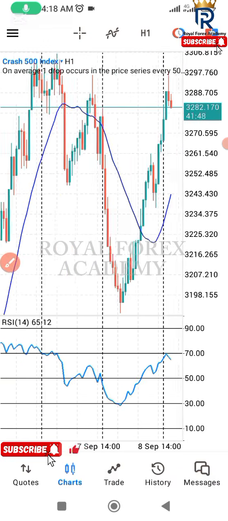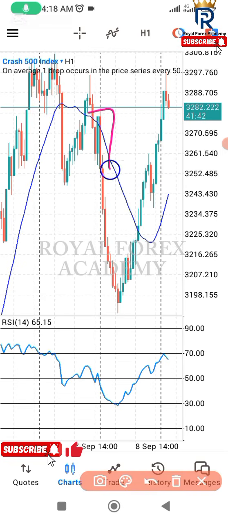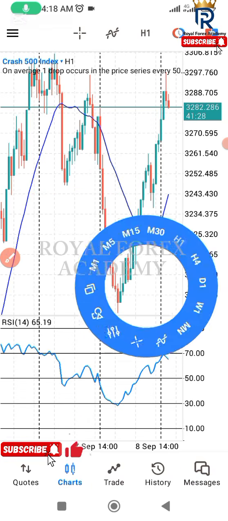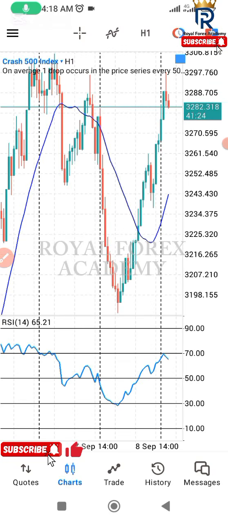Okay, that's our buy entry, and then we would have had this sell entry here. Break of structure. This structure has been compromised, and because structure has been compromised, we can now have this.